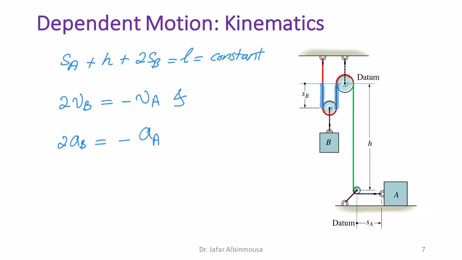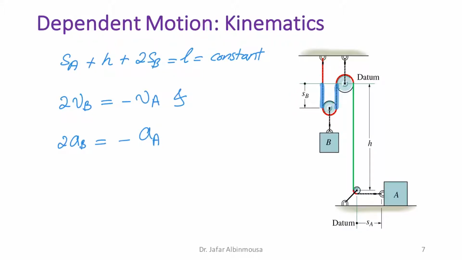Now, if you move A toward the positive side, it means that you are going to substitute a positive value over here. And then you will have a positive multiplied by a negative, which means that the velocity of A as a direction is going to be negative, which makes sense. Because if A moves to this side, we all can see that B will move upward. And upward is negative relative to the positive direction of the datum, which is downward.